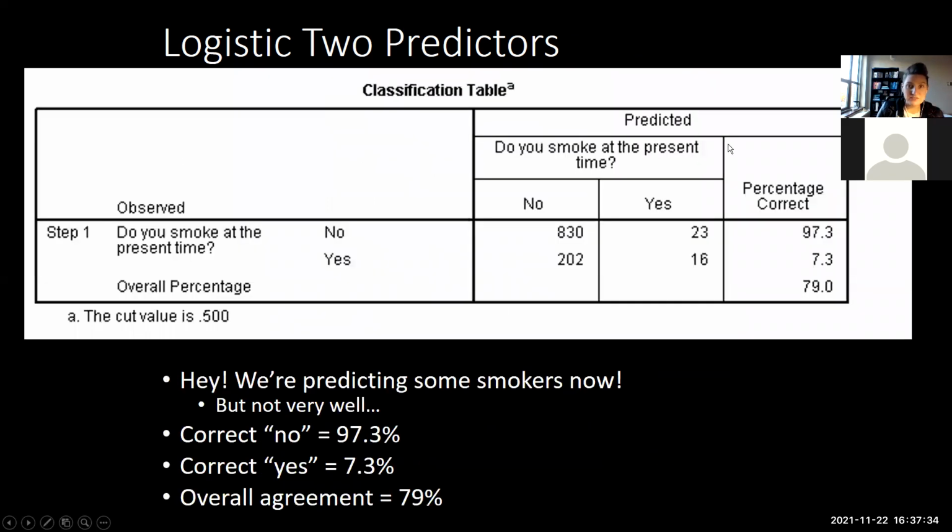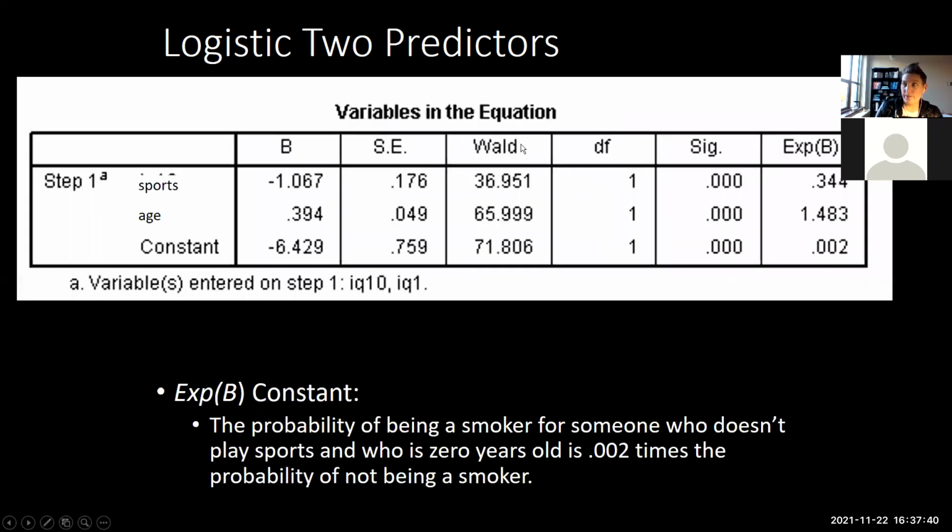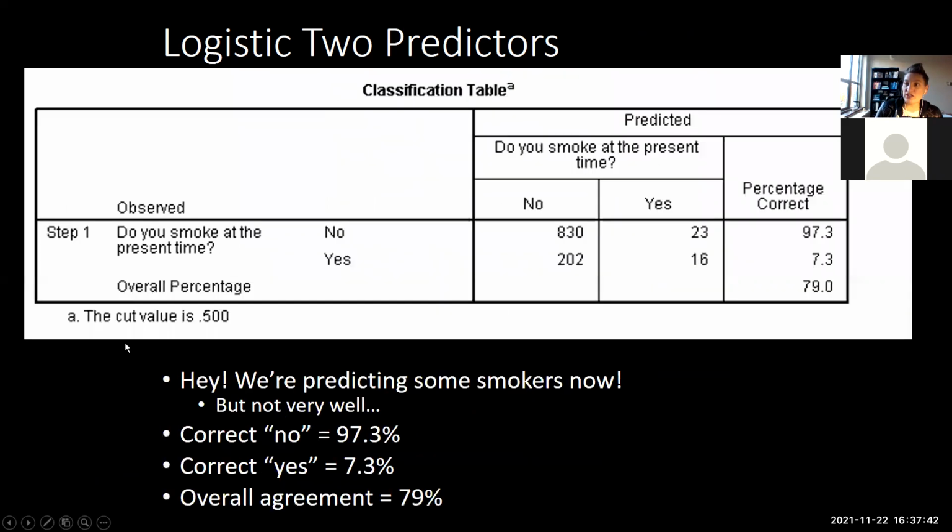Now if I look at the classification table, which is the next part down, you'll see that this equation that we get from this result is doing a little bit better job at predicting smokers and non-smokers. You see, we've actually got some people who have crossed this cut value threshold of 0.5, and we're now predicting that some people are smokers.